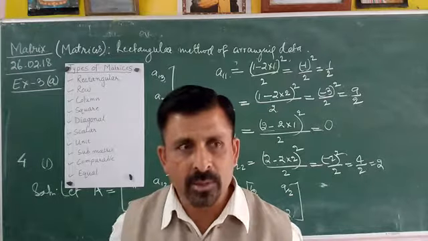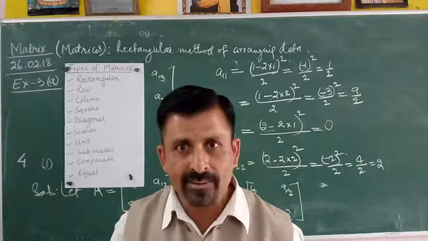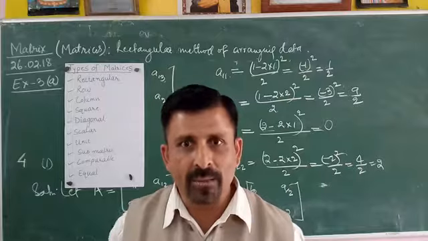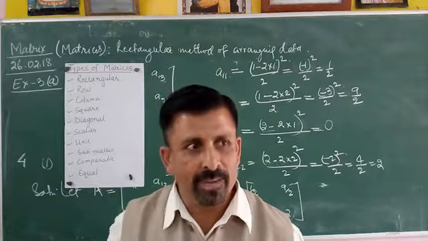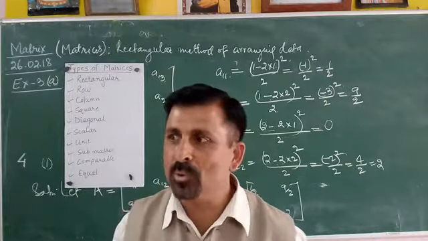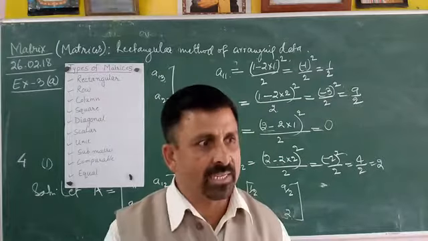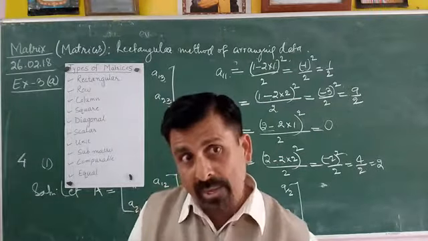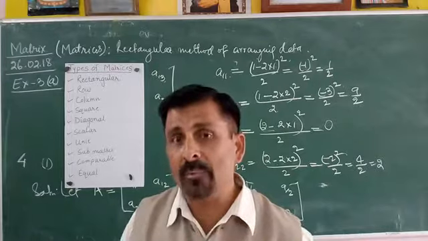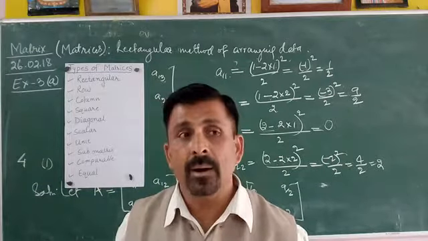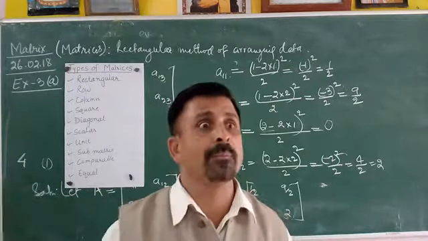That means 0 is not allowed to be in the diagonal. Other than 0, you can have any number: 1, 2, 3, 4, a positive number, a negative number, any number along the diagonal. Along the diagonal, you need to have a non-zero number. All the remaining elements have to be 0.